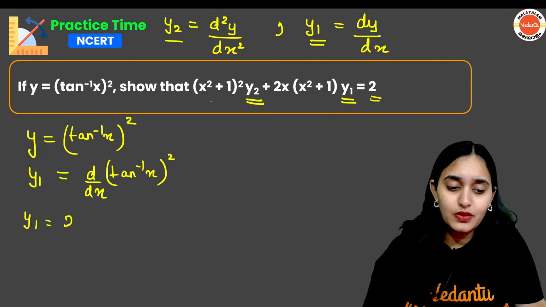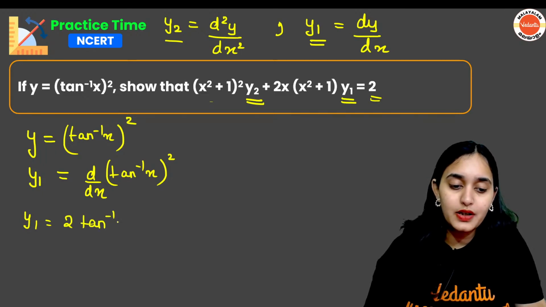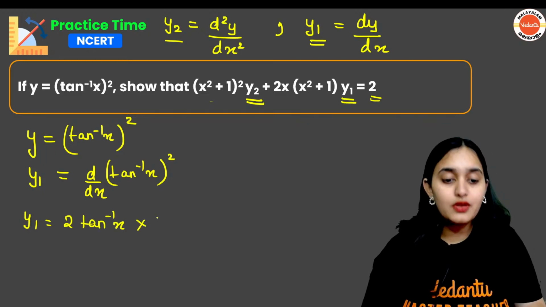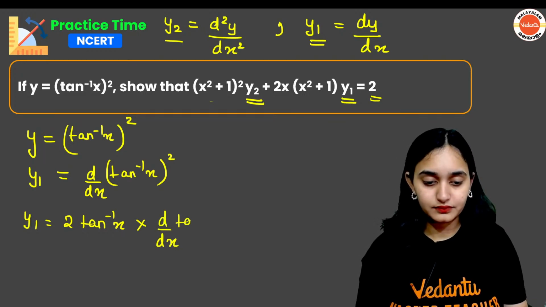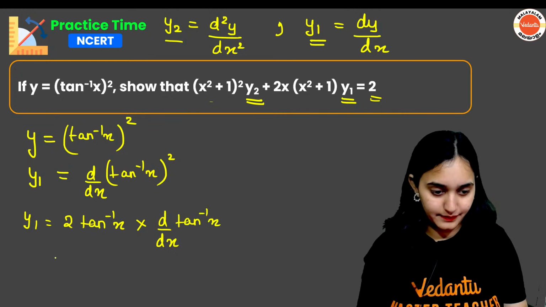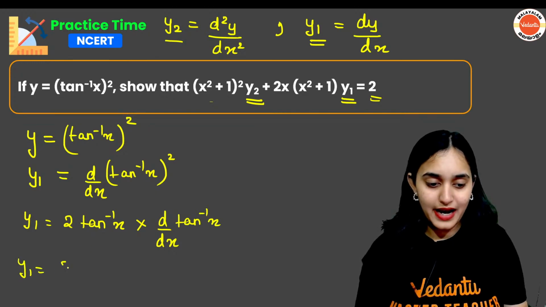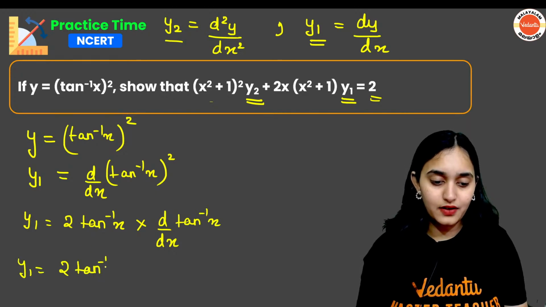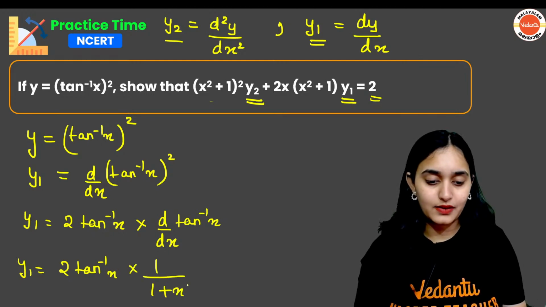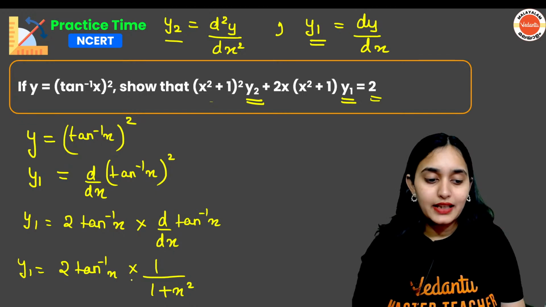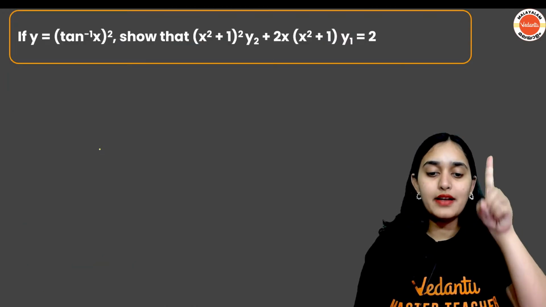It is 2 times tan inverse x into the differentiation of tan inverse x. So y1 is 2 times tan inverse x into 1 upon 1 plus x square. Clear to everybody? This is our first order derivative.